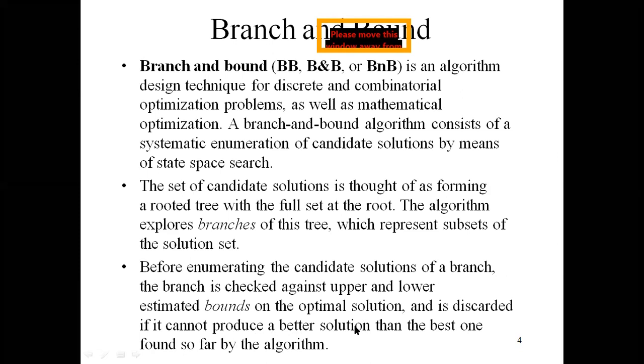So if the solution which you got is not better than the best one, then you can discard that particular one. See, we have the upper bound and lower bound; in between those only our solution value should be there.